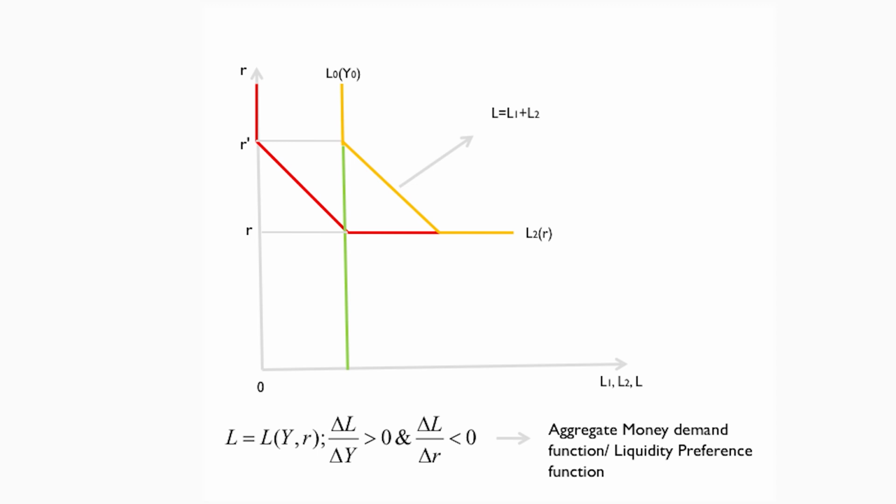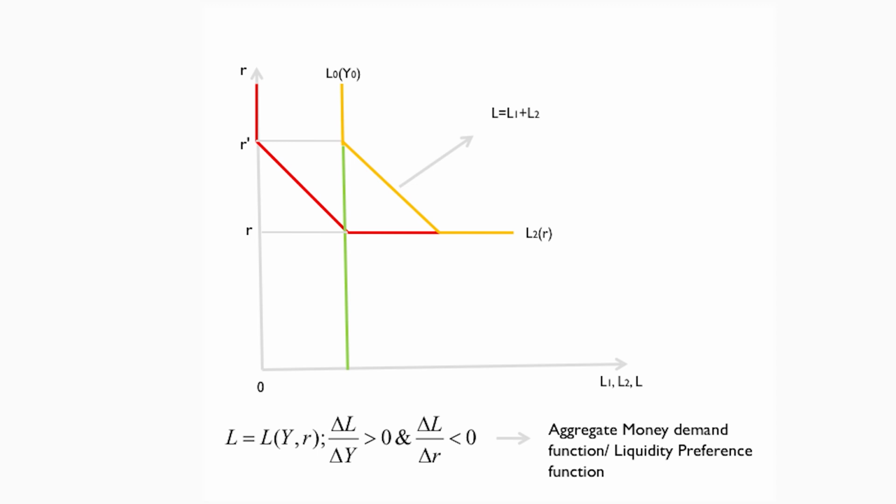Now, the overall Keynesian demand for money will be given by this L1 plus L2. So, that means the overall L1 plus L2, which I can refer to as the total demand for money, or L, is represented by this yellow line in this diagram, which is the initial part of the L1 line, which was equivalent to the vertical segment of the liquidity preference schedule on the vertical axis.